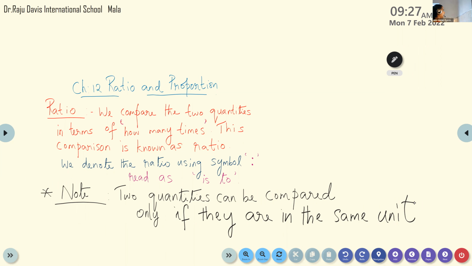We compare the two quantities in terms of how many times. This comparison is known as ratio, and we can denote this by a simple colon, and it can be read as is to. Two quantities can be compared only if they are in the same unit.